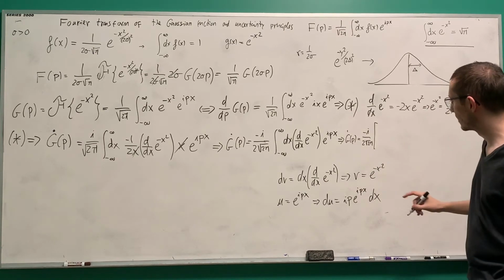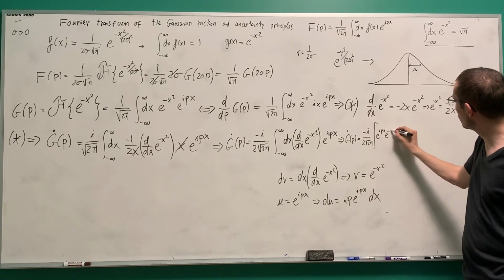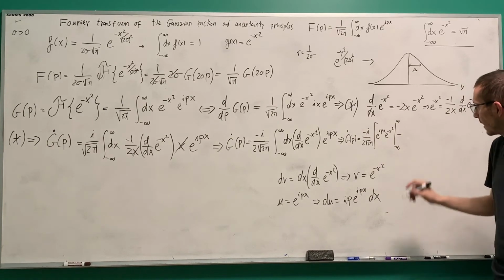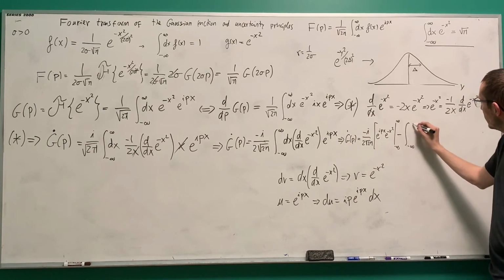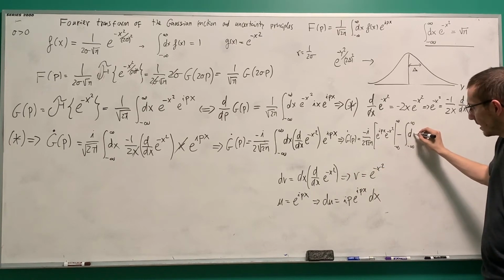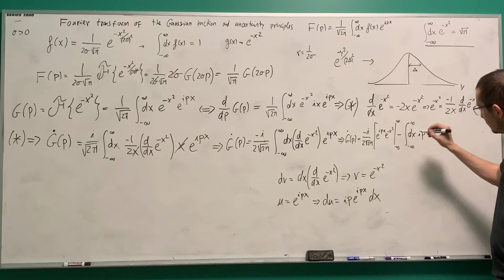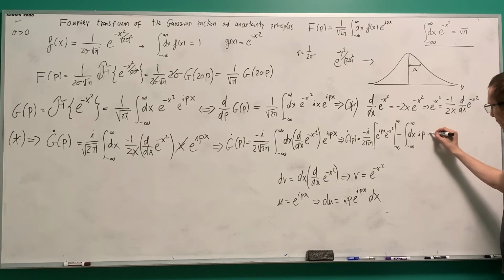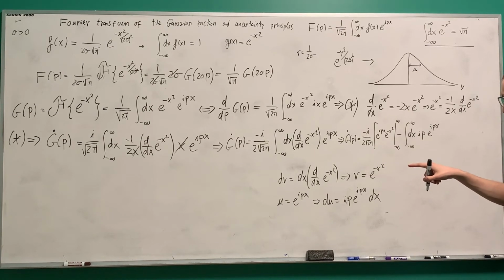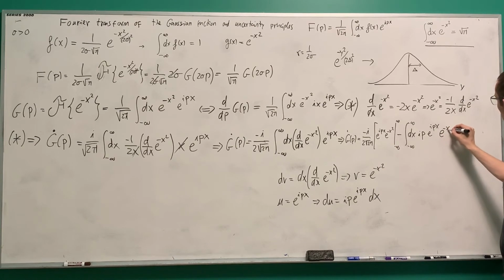All right, and that multiplies u times v, so e to the ipx times e to the minus x squared, from minus infinity to infinity, minus the integral from minus infinity to infinity of v du, so e to the minus x squared times ip e to the ipx dx.